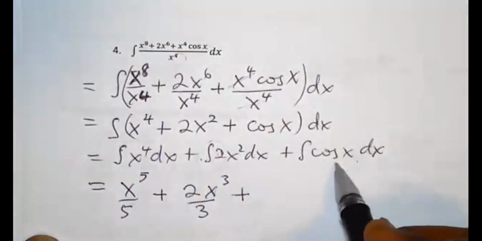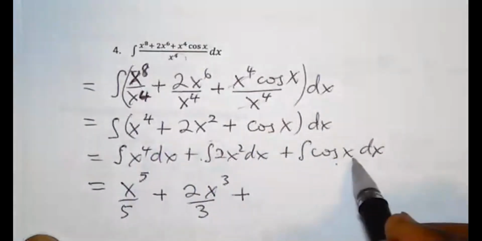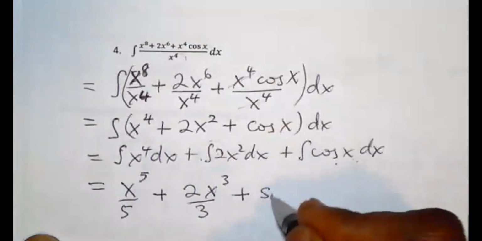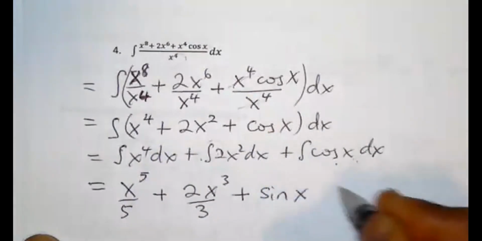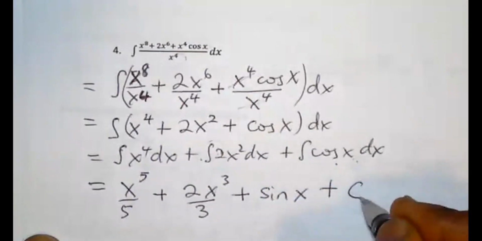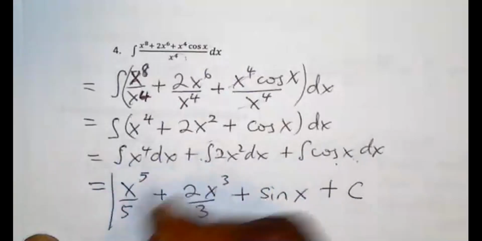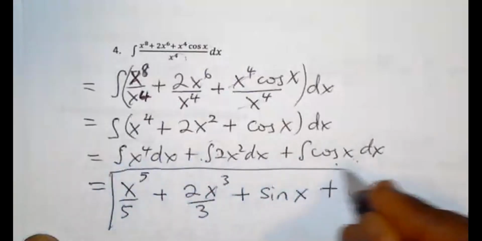Antiderivative of cos x is sine x. So let's write that down, sine x, and then plus a constant c. So this is our answer.